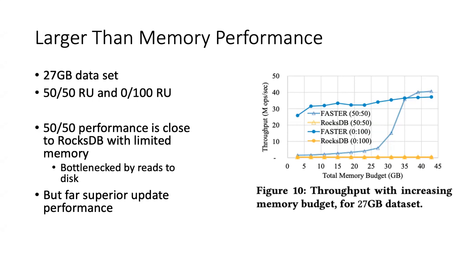So I'm not sure of the fairness of such a test, but in RocksDB, it's getting written to memory too, but it's being flushed and there are compactions in the background. For FASTER, it's just getting written to memory and maybe flushed later if it reaches the read-only region. But really good update performance.